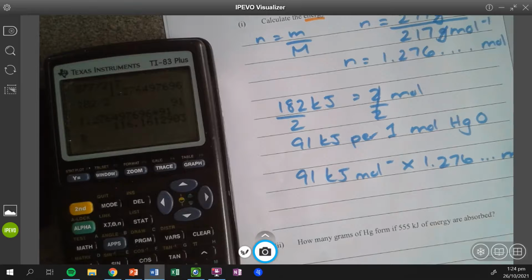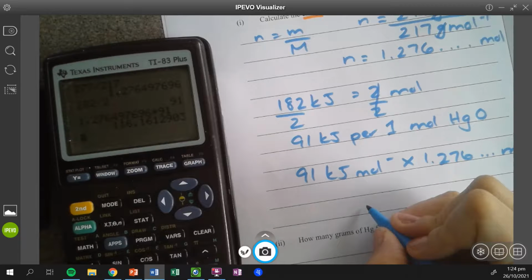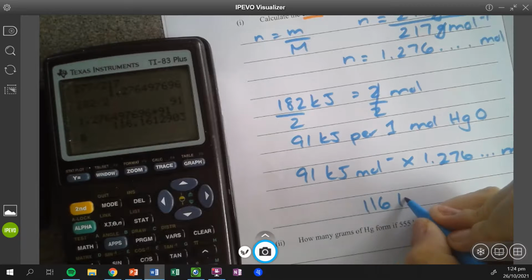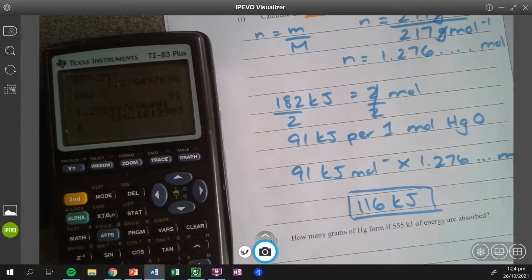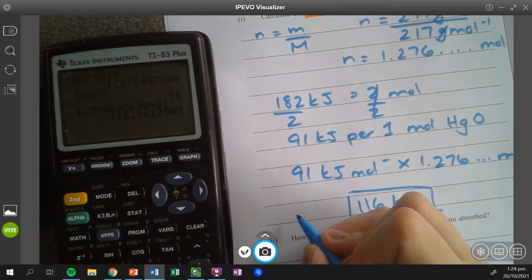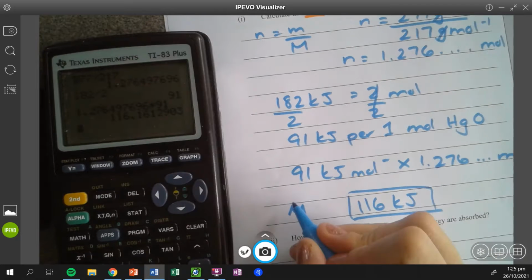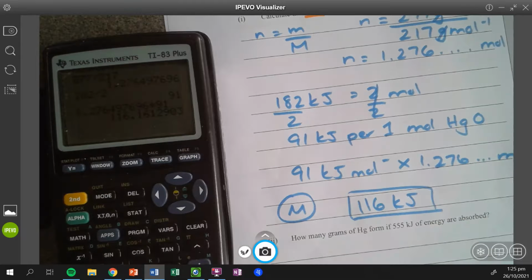Now, again, we want 3 significant figures, so we're going to do 116 kilojoules is how much energy is going to be released. Are we good with that? All right. Calculating that correctly, but you don't need the significant figures. That would have been one of your merit points for that. Are we good? All right, next question.